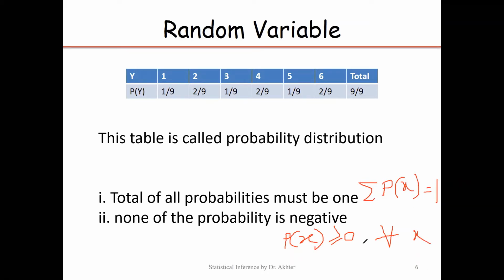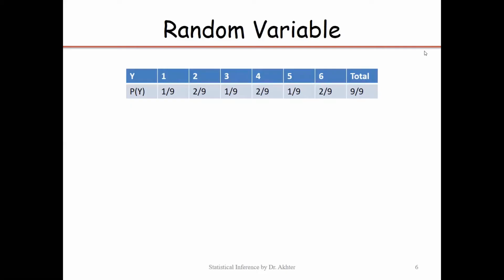Can any one of you tell me the functional form of this distribution? Because we can write this probability table as a function, and because we have 2 versions of the probability, either 1 by 9 or 2 by 9, such functions are referred to as piecewise functions.